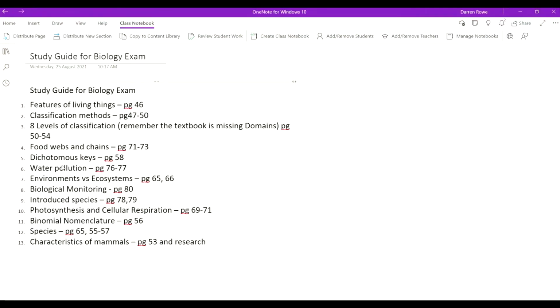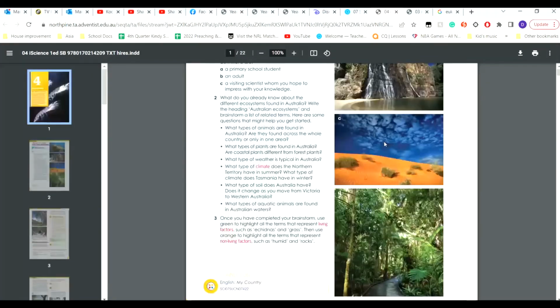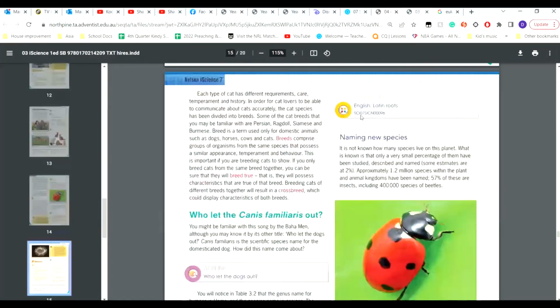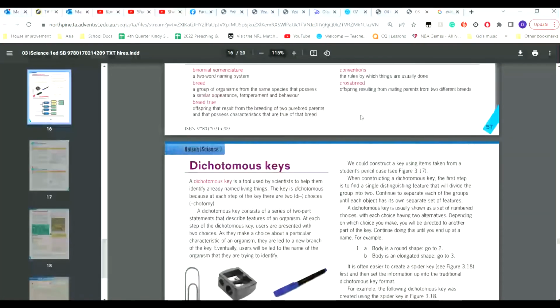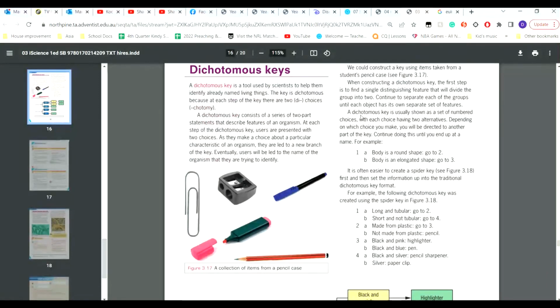Dichotomous keys, page 58. That's actually from this one. We did this just the other day. There's videos on it on previous lessons, but it's the idea. It's a tool used by scientists to help identify already named living things. So I think there might be a dichotomous key in the exam that you might have to know how to use, if memory serves.